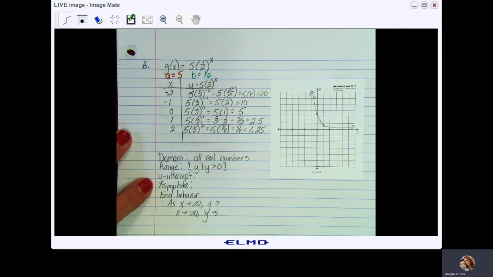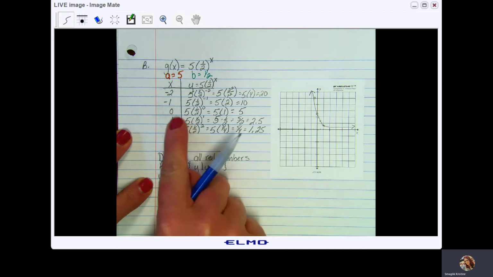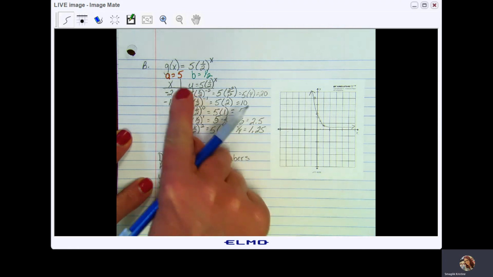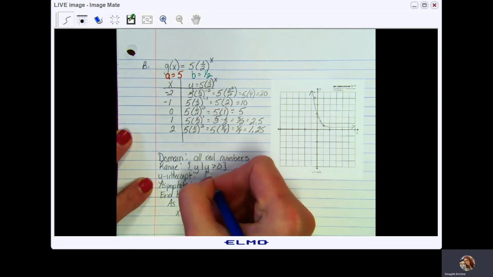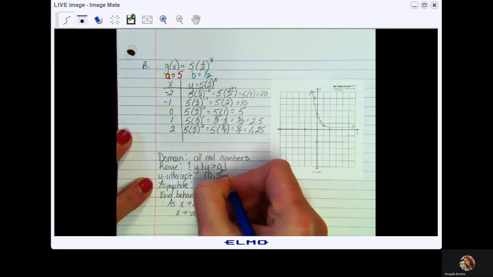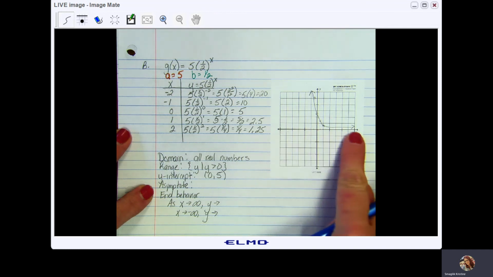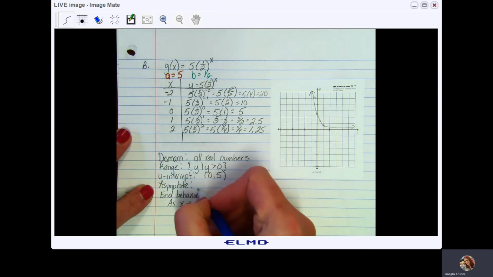And my y-intercept, we calculated here algebraically, is at (0, 5), and you can also see it in your a value, (0, 5). Your asymptote, we still have an asymptote at y equals 0.